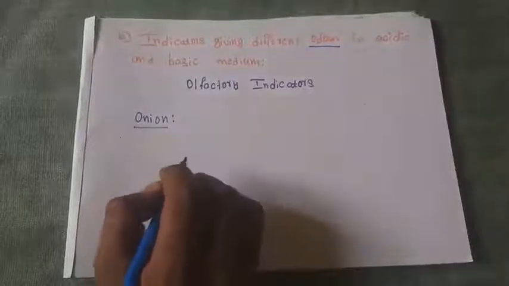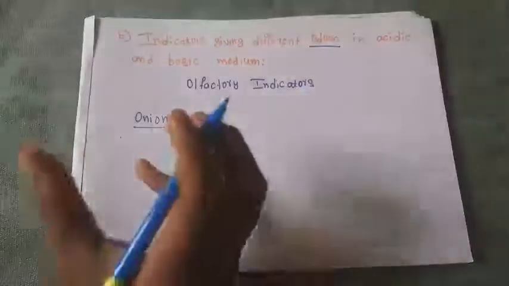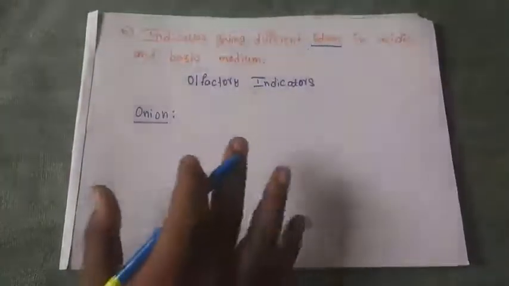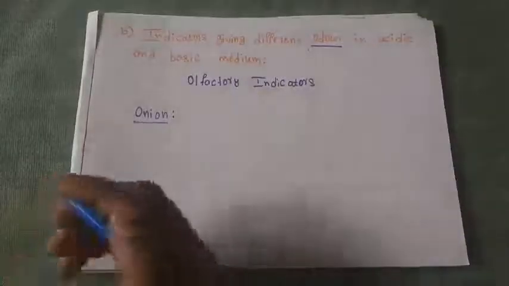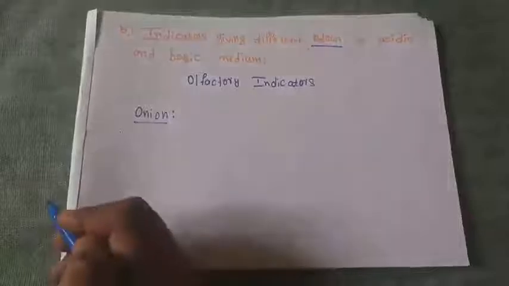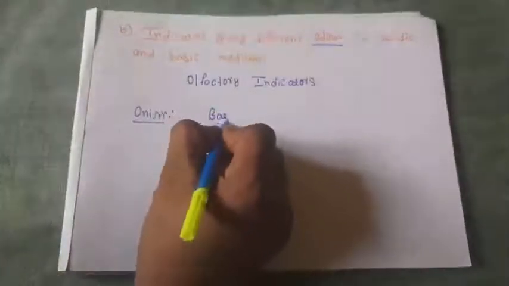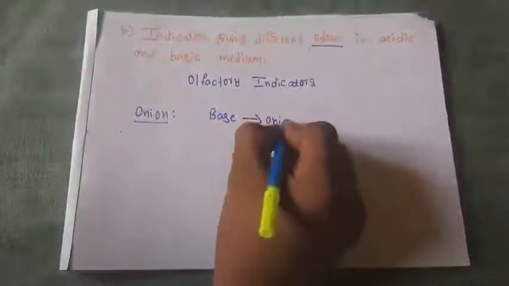When you add acid to that onion, the smell does not vanish. The smell of onion stays as it is. But when you add base to the onion, what happens?